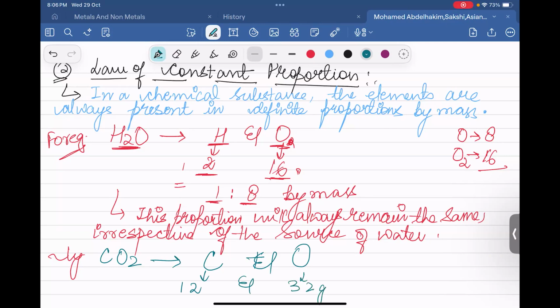Carbon dioxide obtained from any source will always have the same proportion of 3 is to 8.